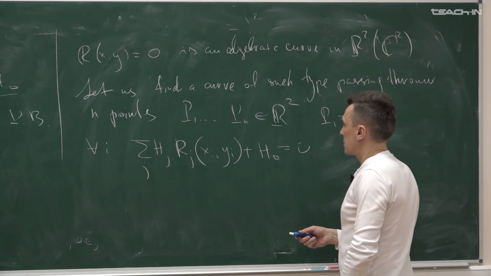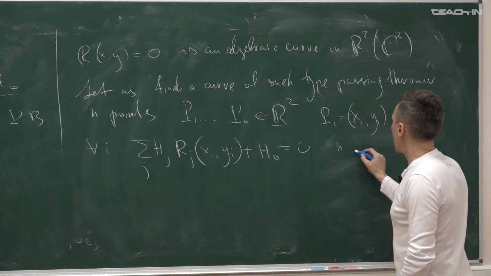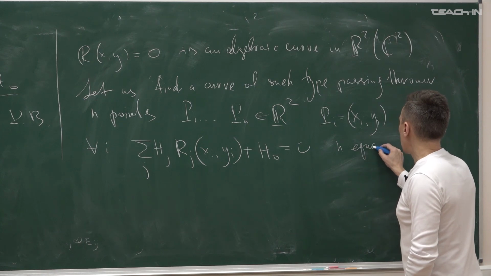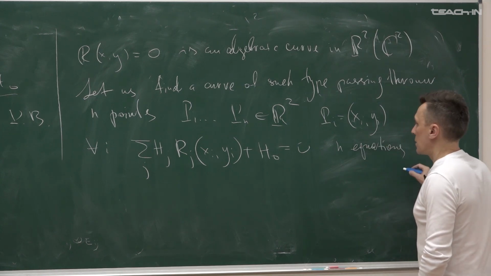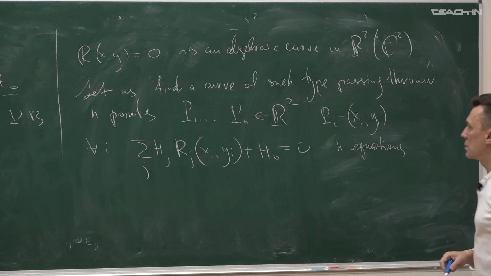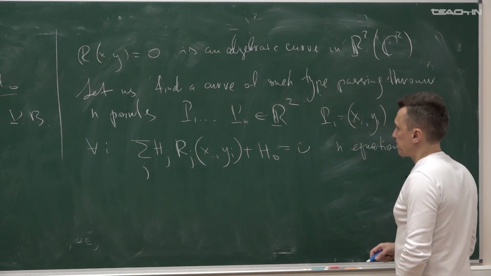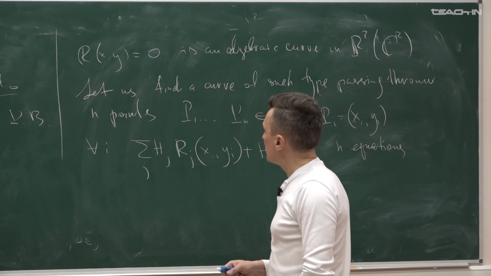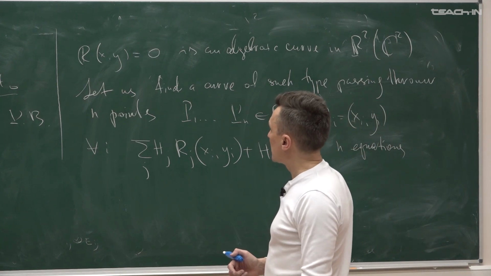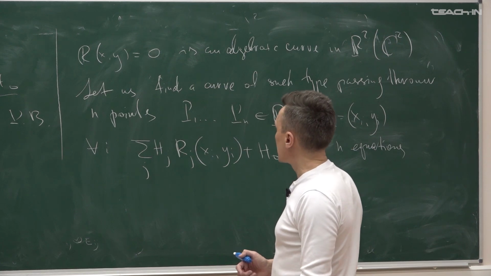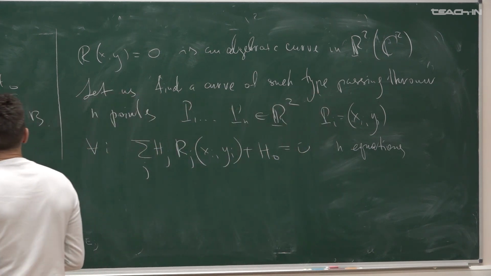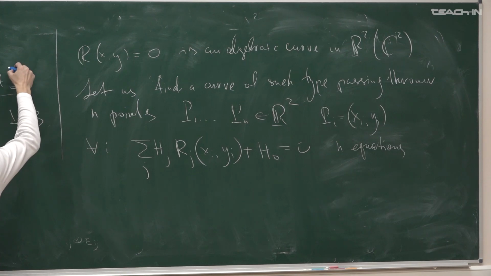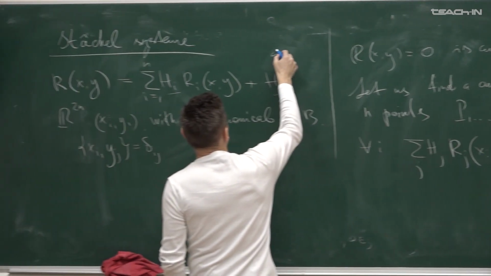And so we have n equations for n parameters h_j. So h0 is fixed as a constant.